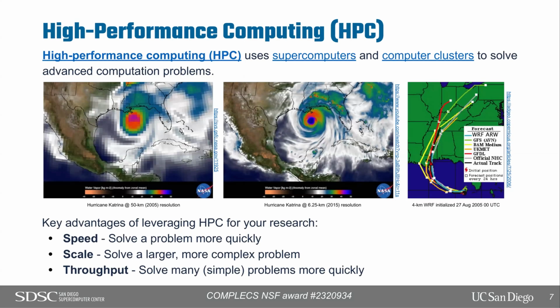Okay. So just to start with the definitions, right? This is the definition of high performance computing that I gave in my original batch computing talk. So high performance computing simply refers to using supercomputers or computing clusters to solve advanced computational problems.